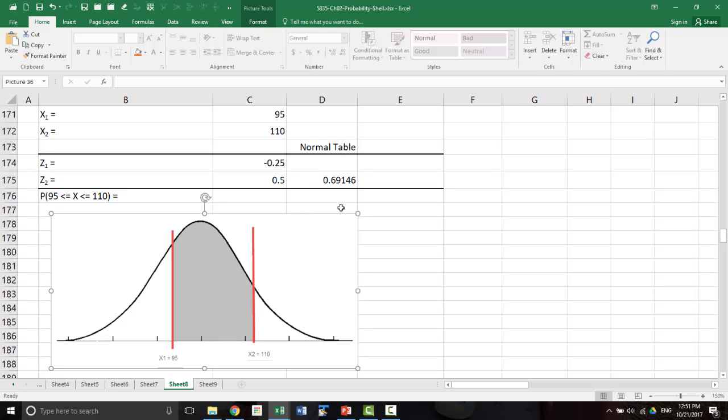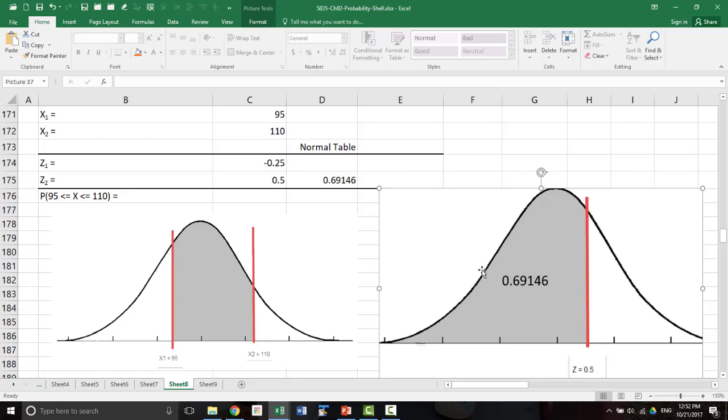Now this 0.69146 corresponds with this x value, so that is the entire cumulative probability, right? So corresponding with z of 0.5, you have this probability.